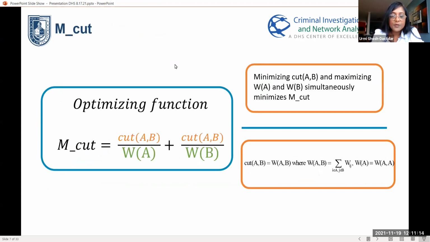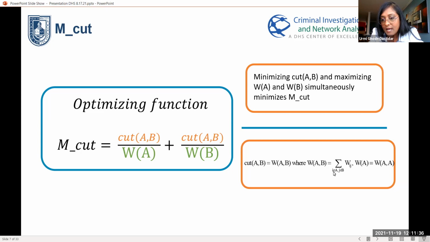And the optimization function that we're looking at is given by cut AB, where cut of AB is defined by WAB. Let's see what WAB represents here. WAB is given as a weighted matrix.